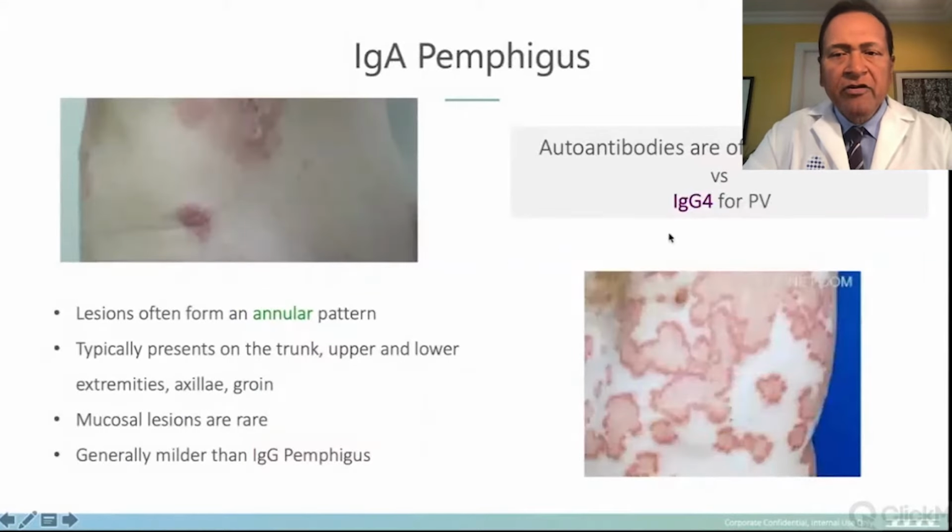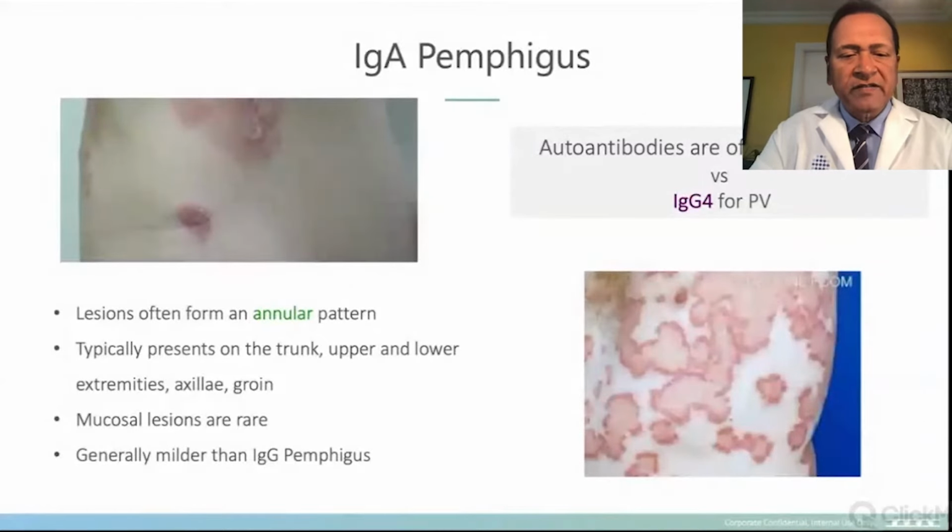IgA pemphigus. Here, typically the antibodies for the pemphigus group of diseases are IgG, particularly IgG4 subclass. But here there's a variant where you have the IgA subclass, a different constant region of immunoglobulins. Lesions are often annular, and mucosal lesions are rare and it often has a bit of a milder course than IgG pemphigus.